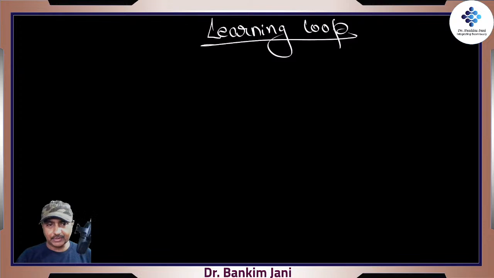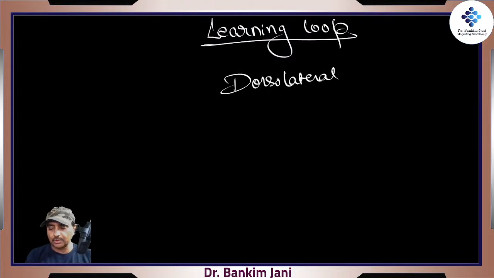So I really wish that when you practice, try to draw these loops and write them 2-3 times so that it gets fixed into your brain. So you know exactly what really happens, right? Okay, let's start with the learning loop, and for the learning loop, it is the dorsolateral prefrontal cortex, right?